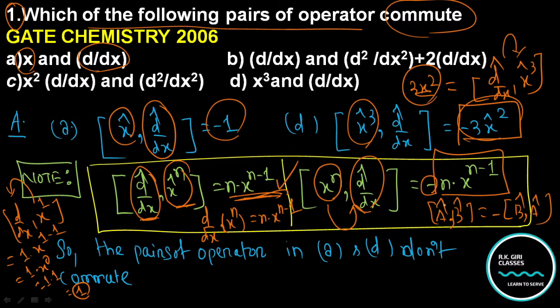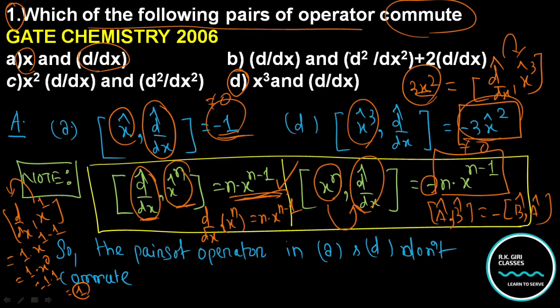Already we discussed this in lecture number 1. If you are new to this channel, go to lecture number 1 and follow those previous 4 lectures, and you will be surprised to see so many important theories and very tricky numericals. So this is option A, and option B, and both are having non-zero values.